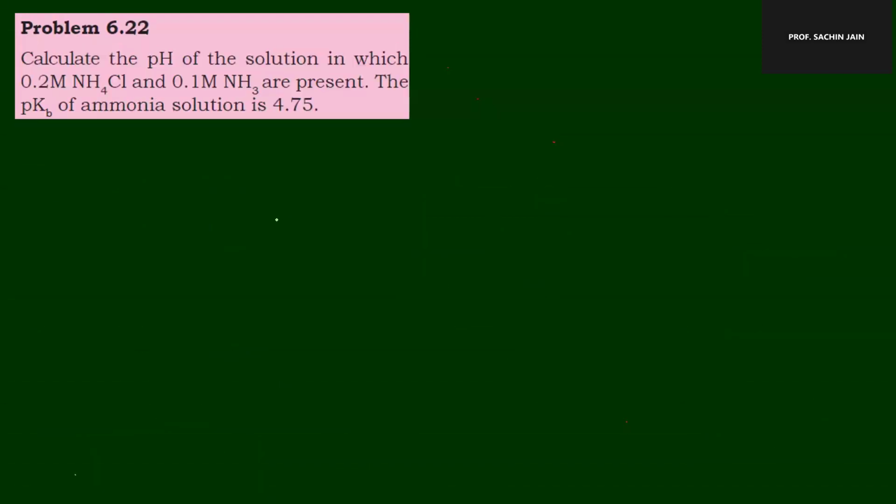Next, calculate the pH of the solution in which 0.02 molar NH4Cl and 0.1 molar NH3 are present and the pKb of ammonia is given. How do we start this? So you can use that direct formula na, of pKb plus log salt upon base.